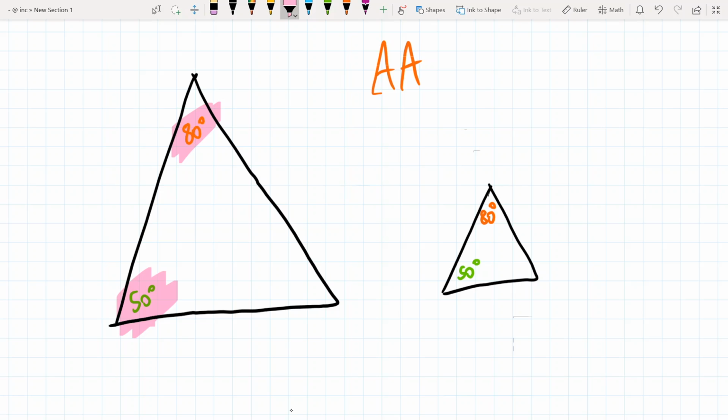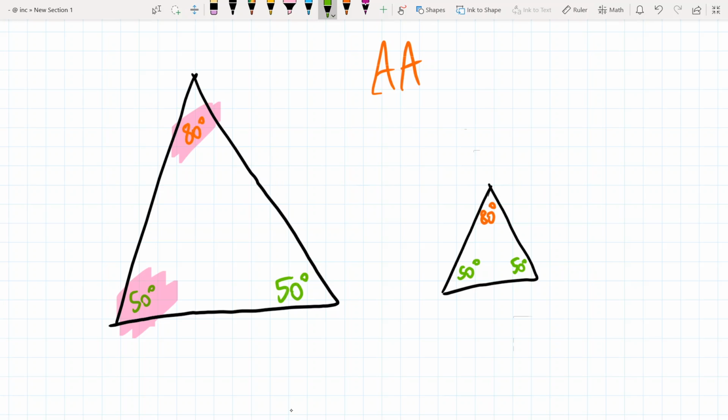And if those add up to 130 and all three have to add up to 180, that means this is also 50. If you do the math in the other triangle, the math is exactly the same, and this comes out to be 50 as well. And you have now shown that the two triangles are similar.